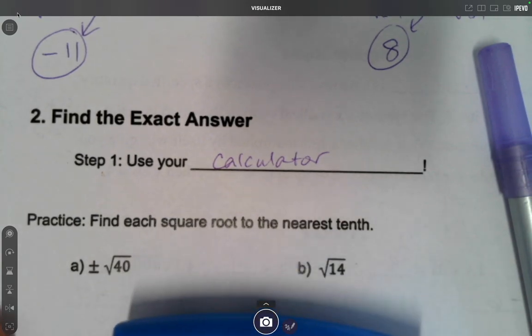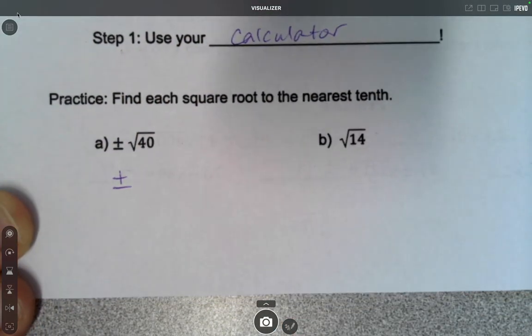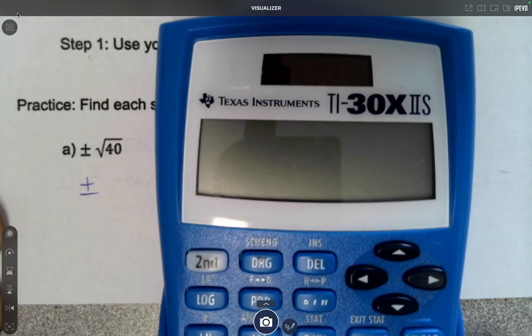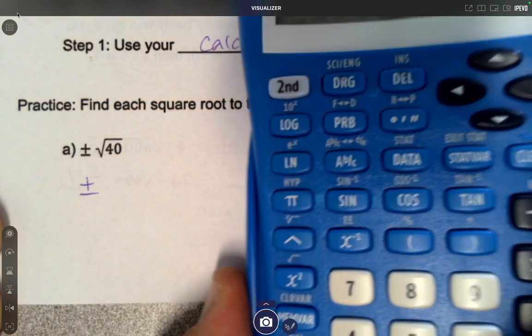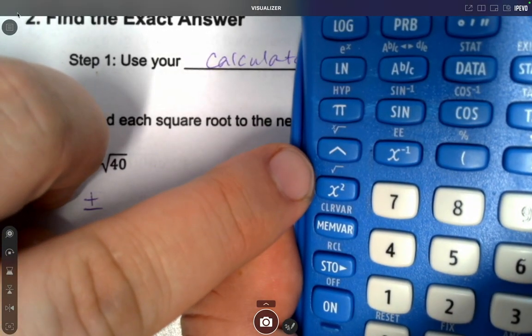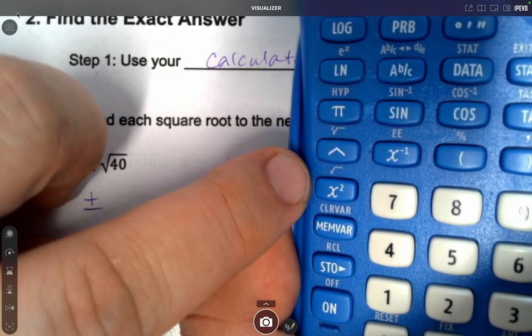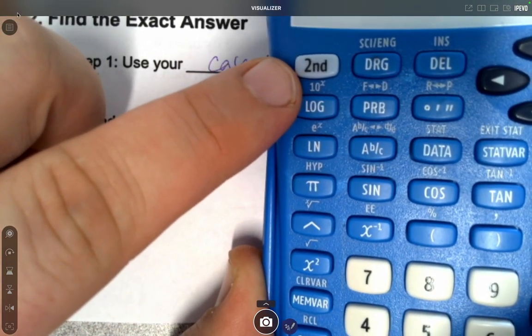Okay. So we do need to put plus or minus in front of our answer for this one. But we don't know the square root of 40 because it's not a perfect square. If you look right above x squared, there's a square root sign. The way you make the calculator do the things above the buttons is by using the second button.